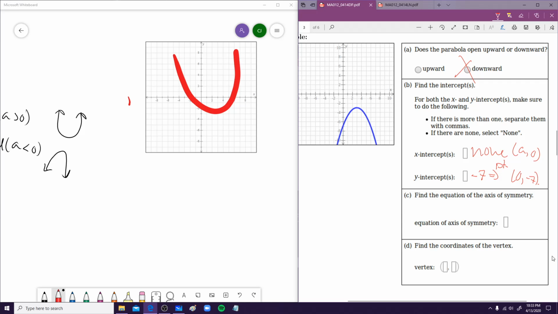The vertex is either the minimum or the maximum value of your function. So it's the point where your graph changes. For example, at this point, let me change to a different color. This graph is increasing, and after it hits this vertex, our graph is decreasing.